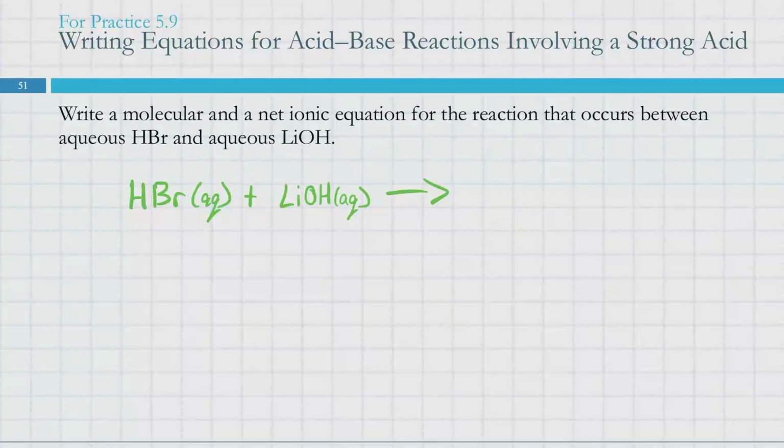Any ideas? H2O as a liquid. The H2O is from our H and our OH. Those are going together to form H2O. And then what's left is lithium and bromide, LiBr, aqueous.